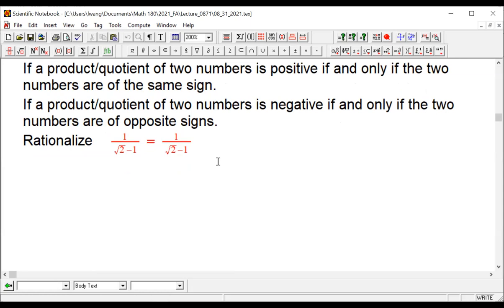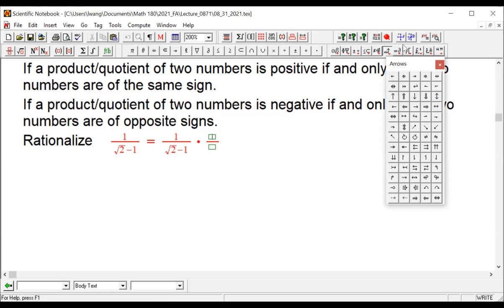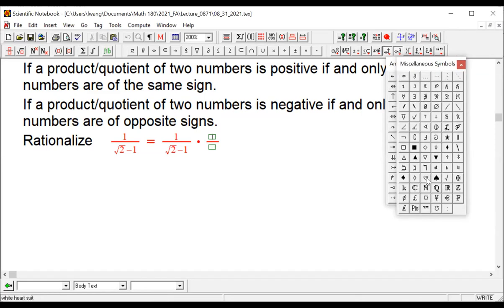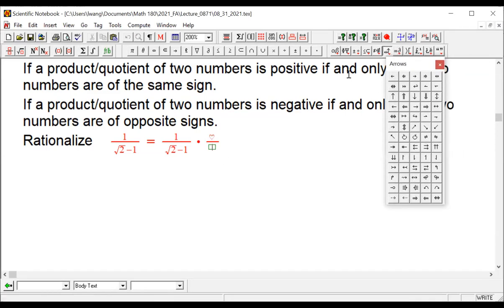Yesterday, we didn't finish this question. I'm sure it might bother some of you. How do you rationalize this? We know we use principle number 1 and we multiply by 1. We've got to choose our numerator and denominator, and we know we've got to choose the same thing to make that number 1.